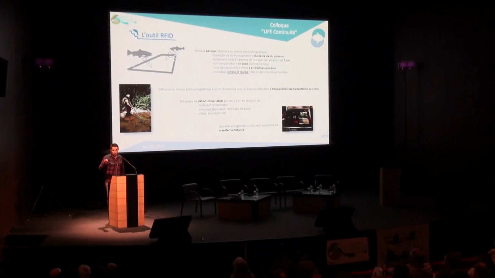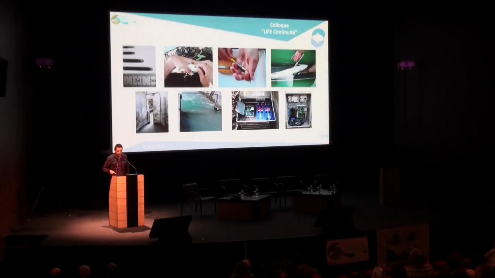So with this passive telemetry, we have got detecting distances which are limited, a few centimeters to 1 meter. So with the design of the antennas and where we are going to put them on the works or rivers, it will depend on what we want to measure.